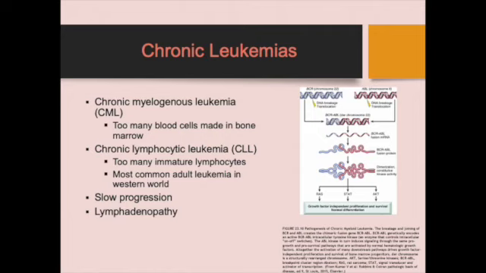The major pathophysiological deficit is that the B cells do not mature into plasma cells that will synthesize immunoglobulins. So this results in a reduction of immunoglobulins in about 60% of individuals. This is called hypogammaglobulinemia.